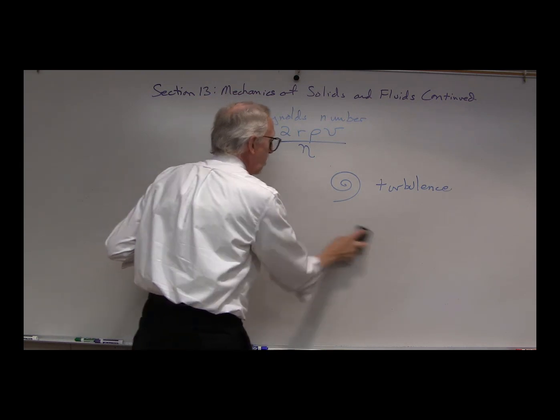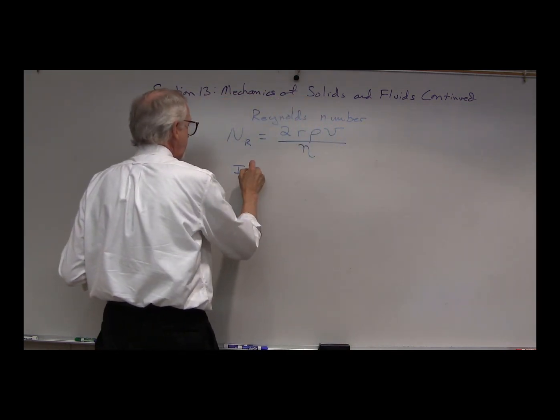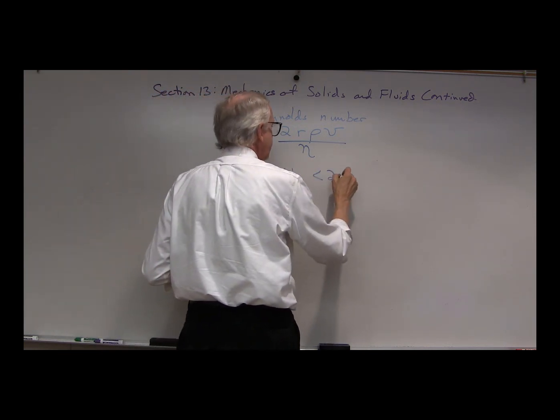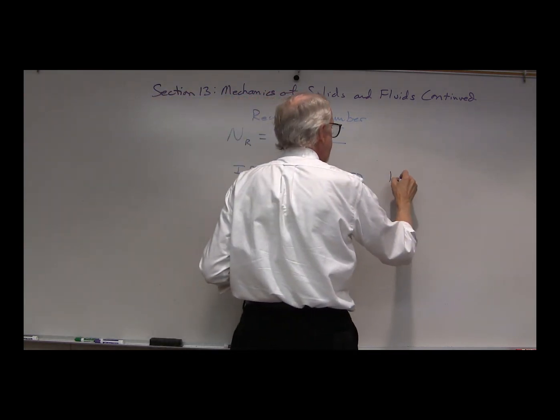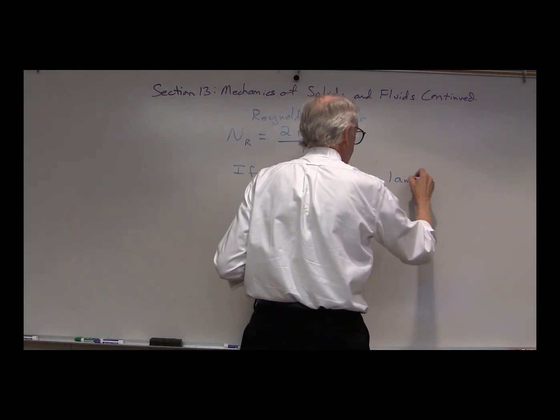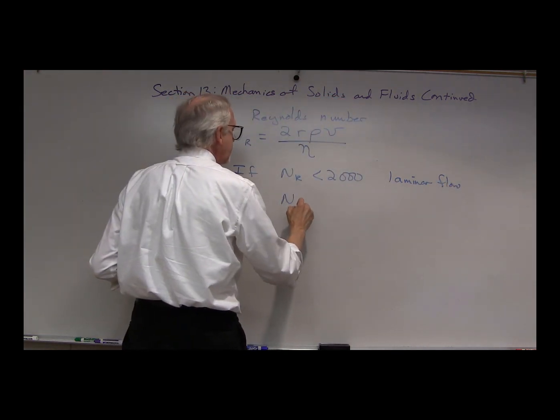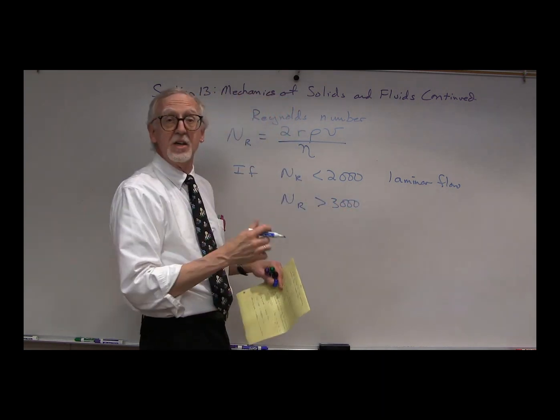So, how do we know? What are we going to get? Well, if the Reynolds number is less than around 2,000, we get nice, smooth flow. In other words, laminar flow. If we have a Reynolds number greater than about 3,000, we get turbulent flow.